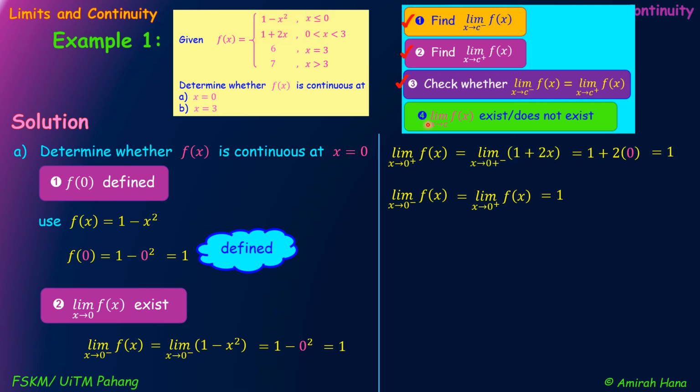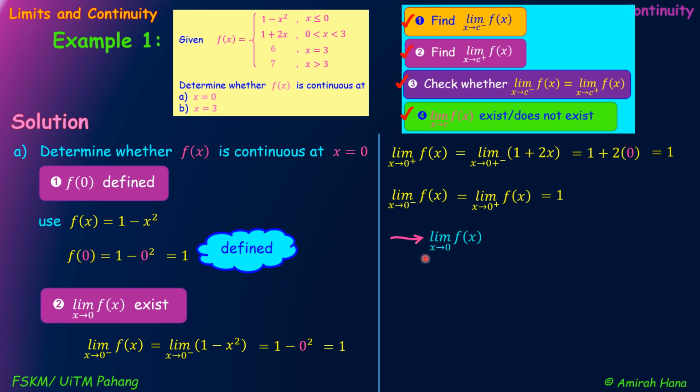After that, we continue with step 4. We need to conclude whether the limit as x approaches c of f(x) exists or does not exist. From here, we have the limit from the left equals the limit from the right, which equals 1.